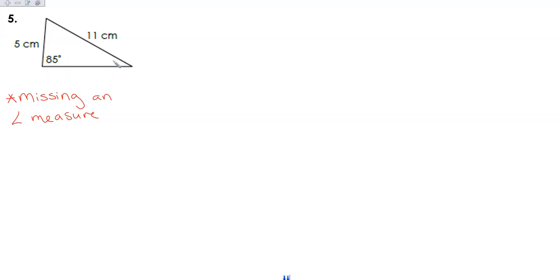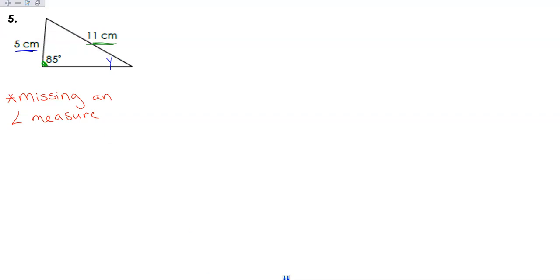So what I'm actually going to do first is find this angle. I'm going to call it Y because I have the side across from it. With this one, I have this angle measure and I have the side across from it. So I can set up my law of sines this way, and then once I have this angle measure, I can subtract them from 180.